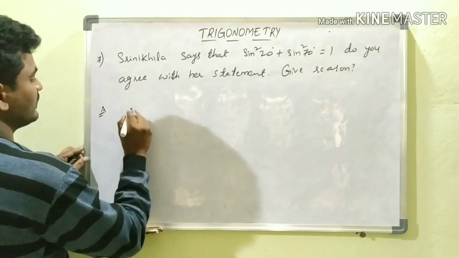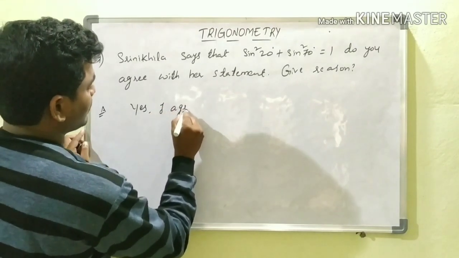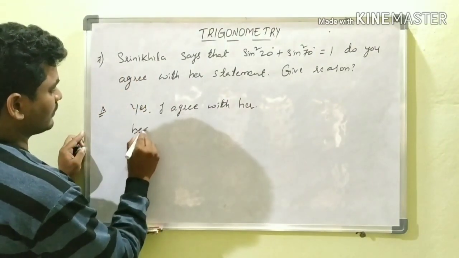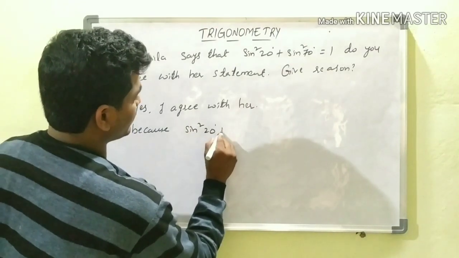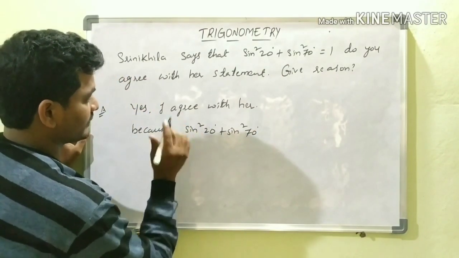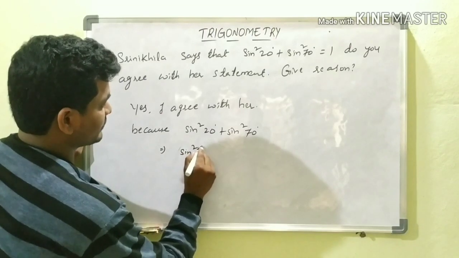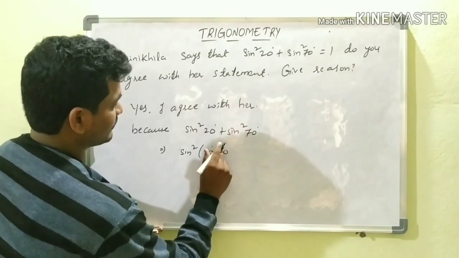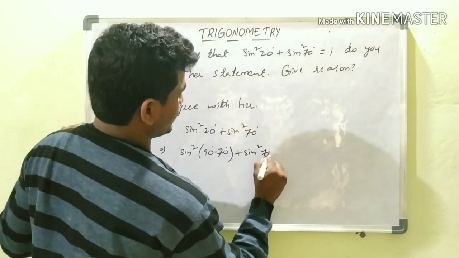Here the answer is yes. I agree with her because sin square 20 degrees plus sin square 70 degrees can be written as sin square of (90 degrees minus 70 degrees) plus sin square 70 degrees.